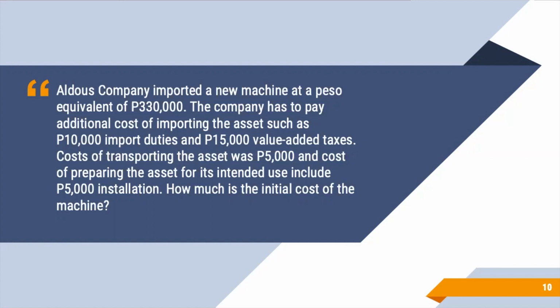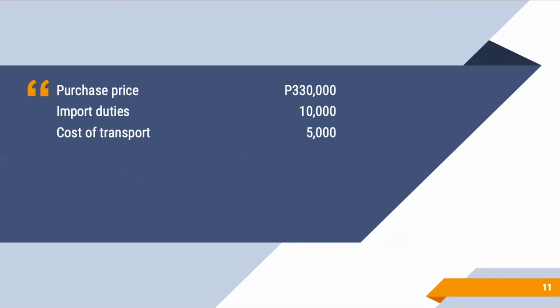So for this problem, the initial cost of the machine is computed as follows. First, the purchase price is 330,000 plus import duties of 10,000 plus the cost of transport, which is 5,000 considered as directly attributable cost, and the installation cost of 5,000 also considered as directly attributable cost because they are necessary to bring the asset to its intended location and condition.